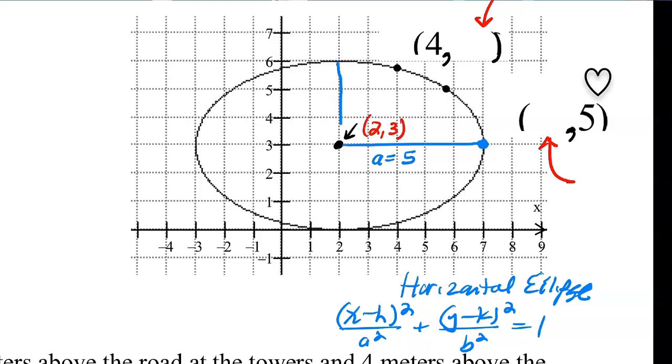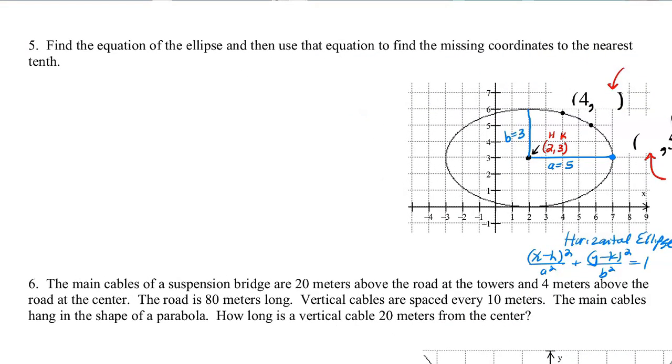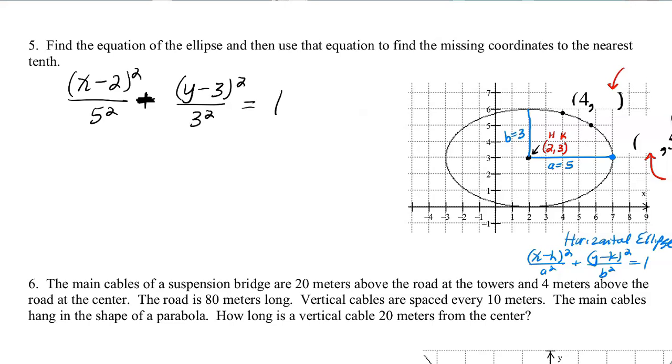And then we can count up this way. This would be the b value, 3, where h and k are the center. So writing the equation of our ellipse, we would have x minus 2, squared, over 5 squared, plus y minus 3 squared over 3 squared equals 1.